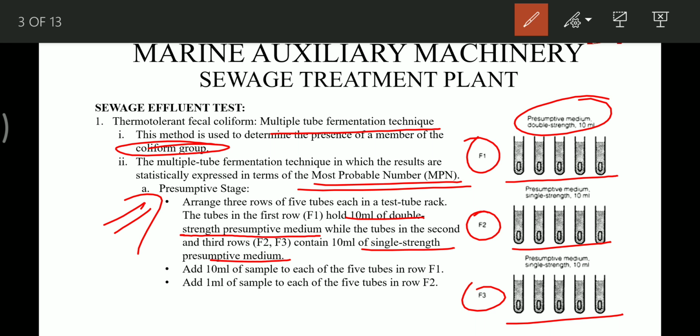Now after this we have to add 10 ml of sample to each tube in the F1 row, and 1 ml of sample to each tube in the F2 row.